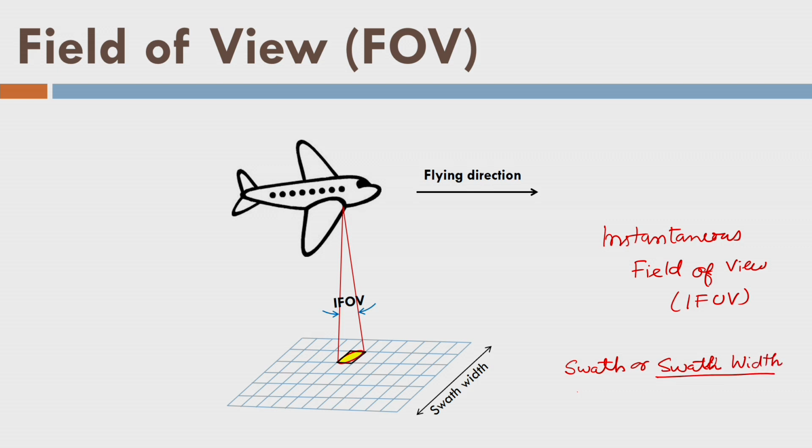Now you can see that the instantaneous field of view in the x direction can be calculated by the FOV in the x direction, or what we have written as theta x, divided by the number of pixels in the x direction.